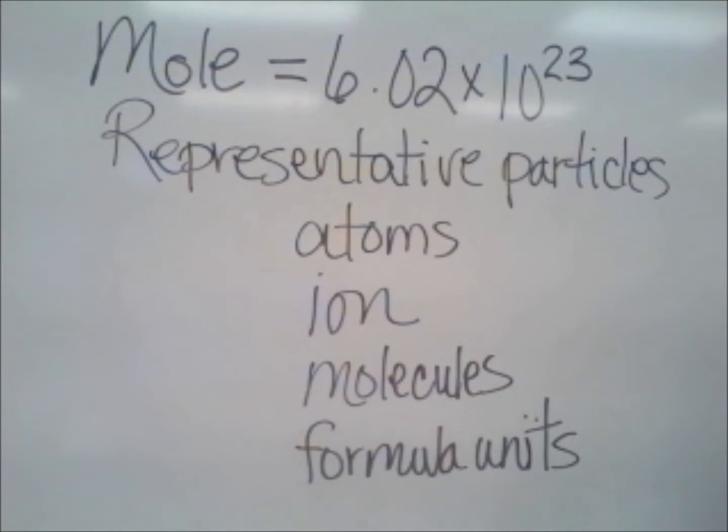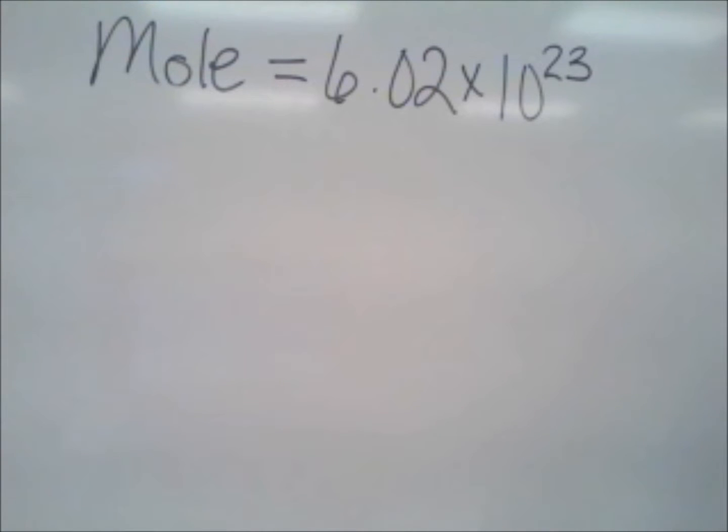If we gain or lose electrons from those atoms, we have ions. If we covalently bond atoms together, we form molecules. And if we transfer electrons to form ions and they bond, we form ionic compounds, which are in the simplest ratio of formula units.